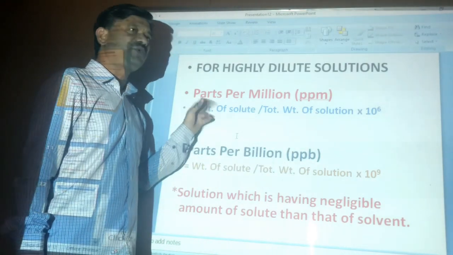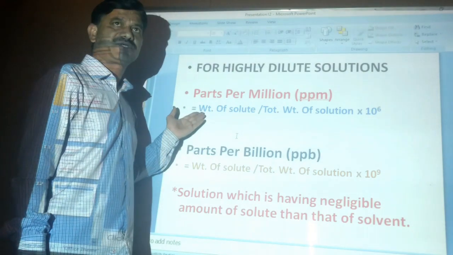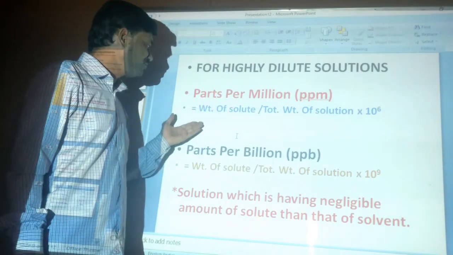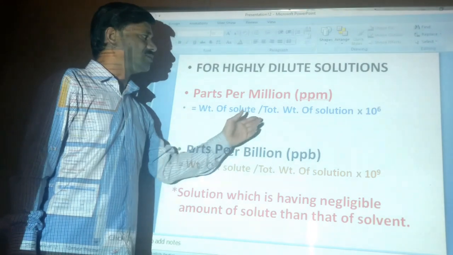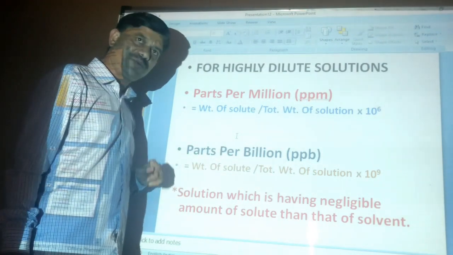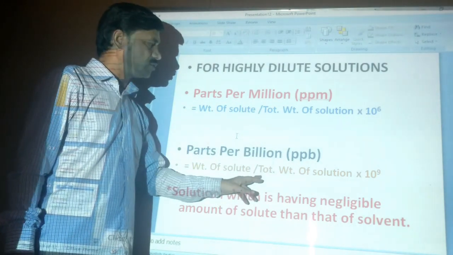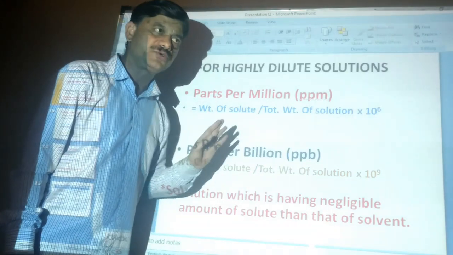So how to calculate ppm concentration and ppb concentration? Check this relation. 1 ppm is nothing but weight of solute upon total weight of solution into 10 raised to 6. And what about ppb? 1 ppb equals weight of solute upon total weight of solution into 10 raised to 9.